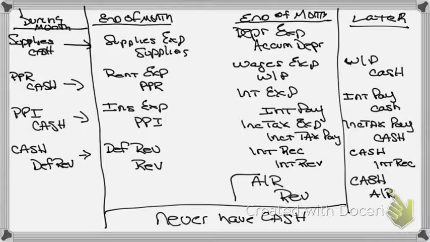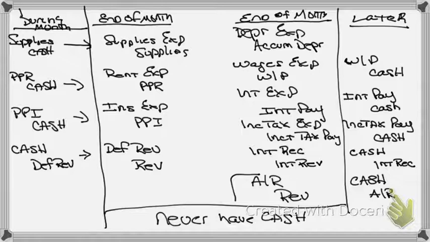Look at each debit. What do most of them have? Expense. Exactly.